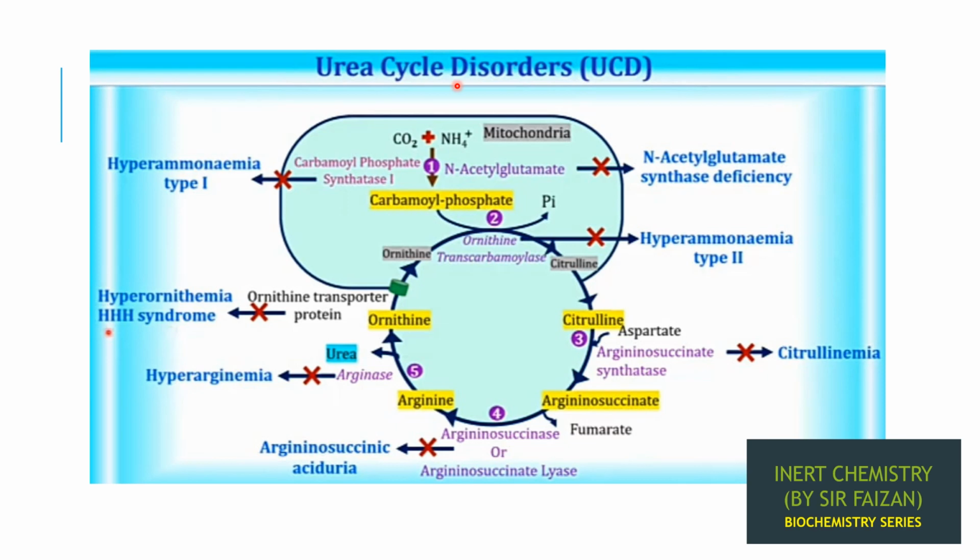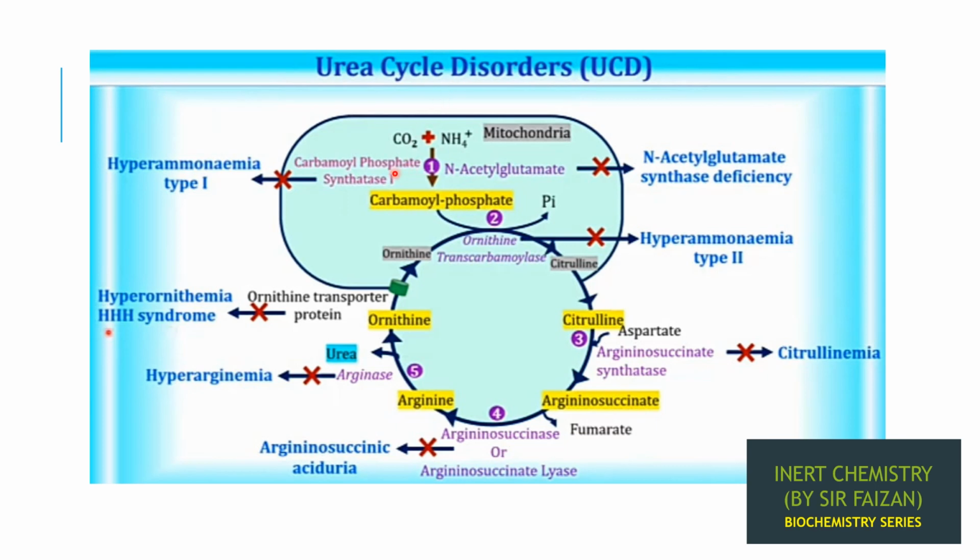So if any of these enzymes is defective, then it can cause a problem or disorder. On the basis of these enzymes, there are different disorders related to the urea cycle.